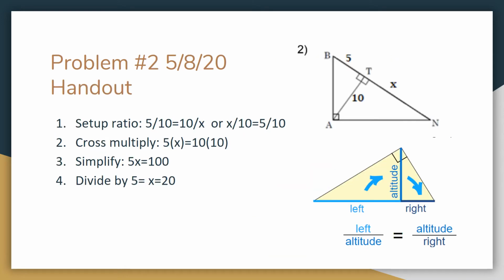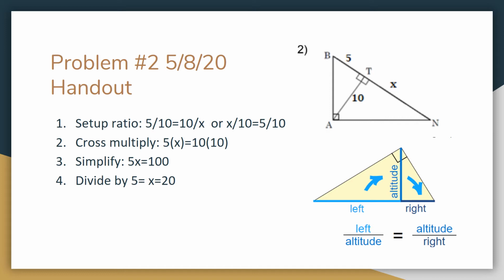So problem number 2 from May 8th, which was Friday, we basically looked at how we can solve for the value of one of the legs of the right triangle, in which case they already gave us the altitude.